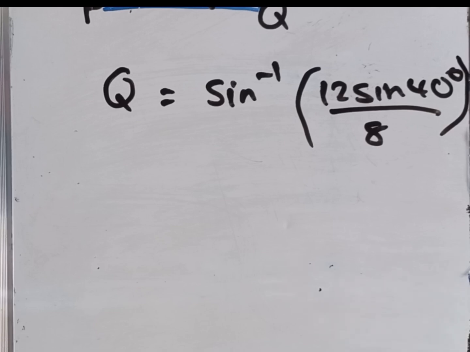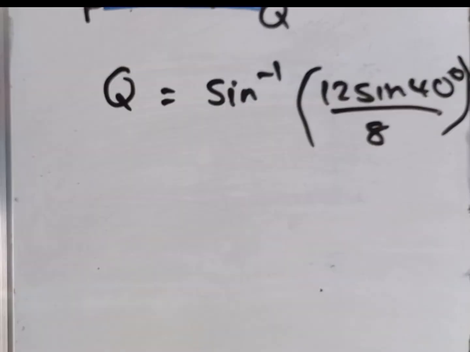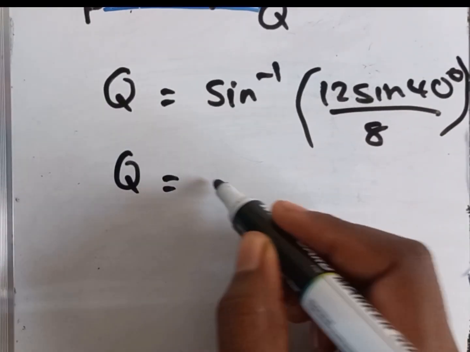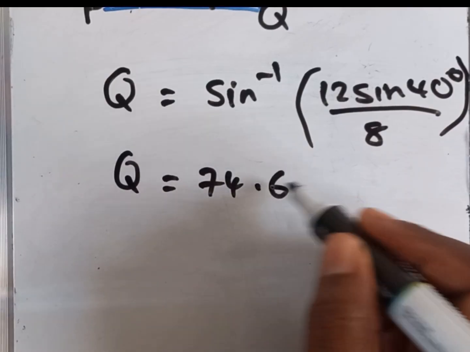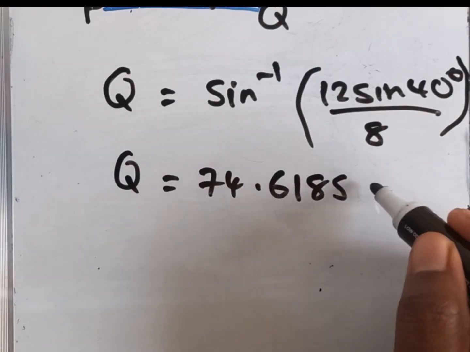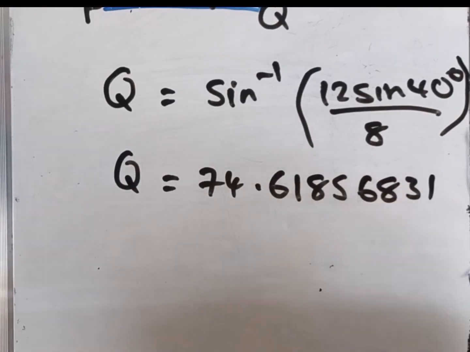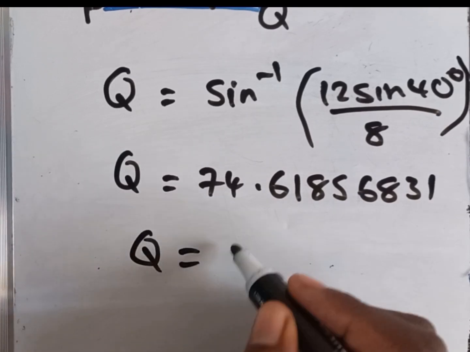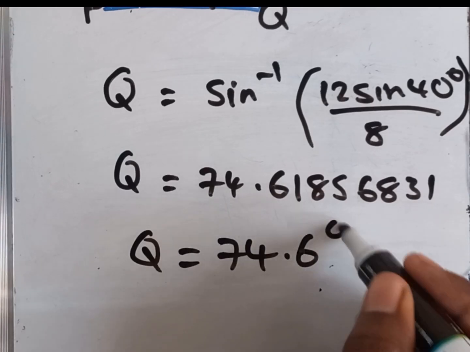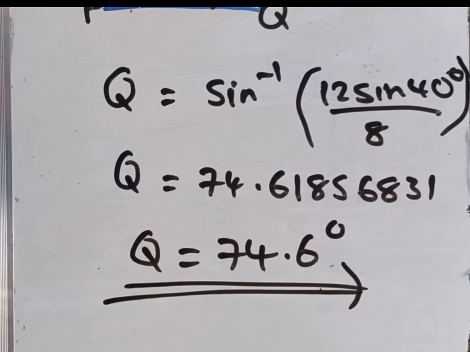So punching this on a calculator in our degree mode, second function, sine of 12 sine 40 over 8. Our answer is 74. So we have Q is equal to 74.61856831. To one decimal place, our Q is equal to 74.6 degrees. So this is the value of our Q.